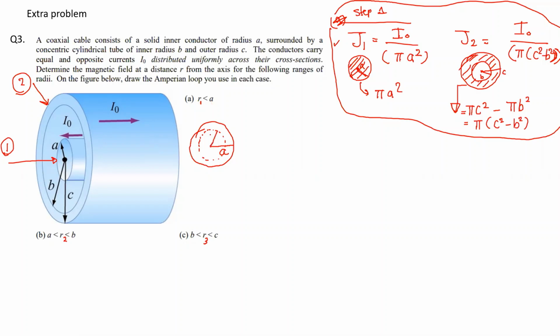So I mark it arbitrarily somewhere smaller than A, R1. So this we have done before, right? Something like this. So if I apply Ampere's law, this is my Amperian loop. I'll call it A loop.